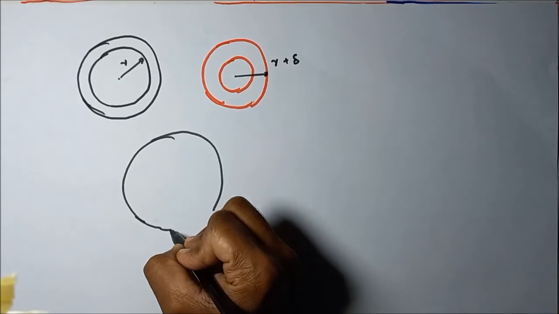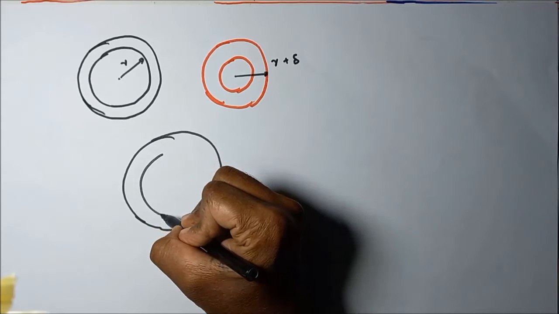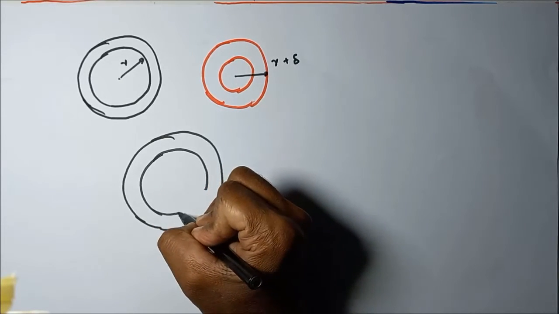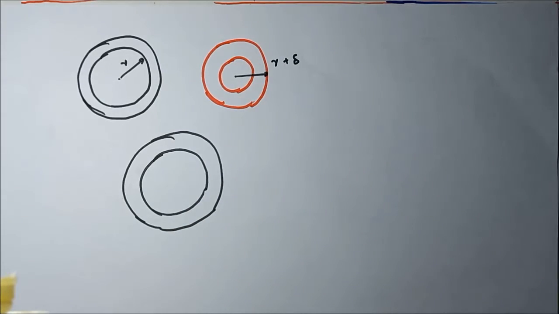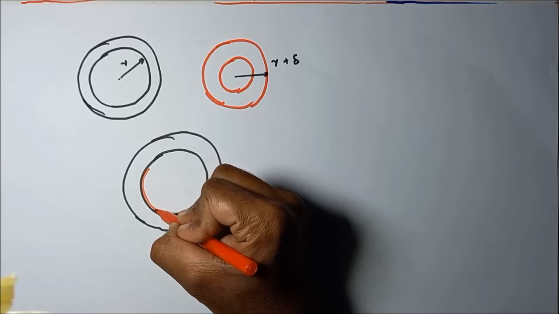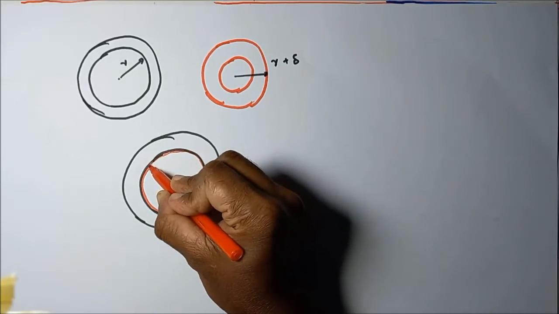You can represent after assembling these two cylinders something like this. The thick cylinder, the internal cylinder.